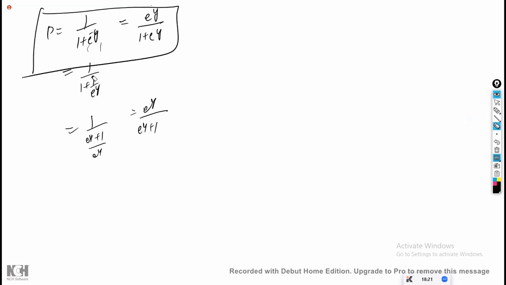Now, if you observe this equation, e to the power of y divided by 1 plus e to the power of y, whatever the y value you substitute, whether positive or negative, the numerator is always less than the denominator.